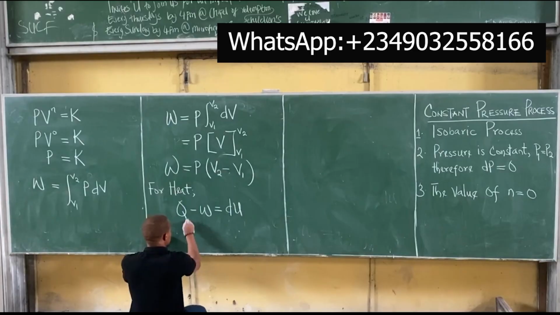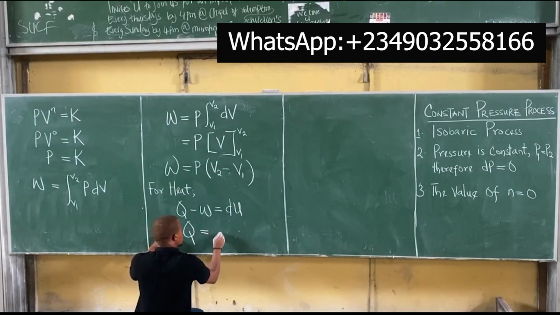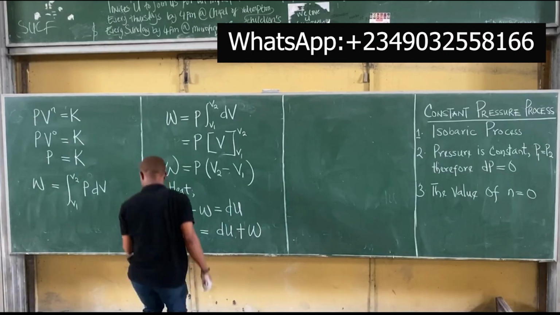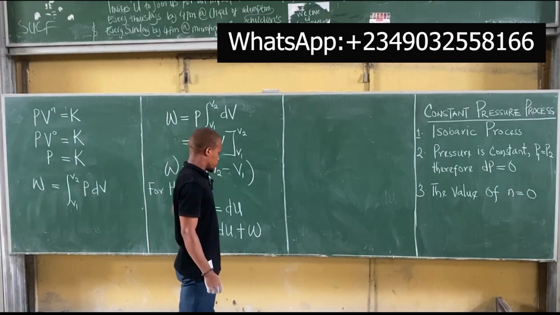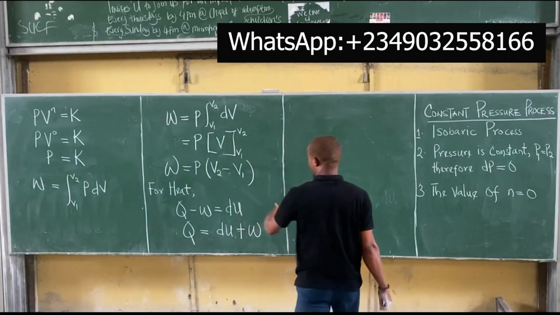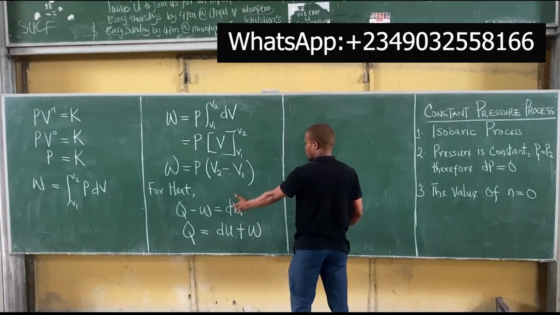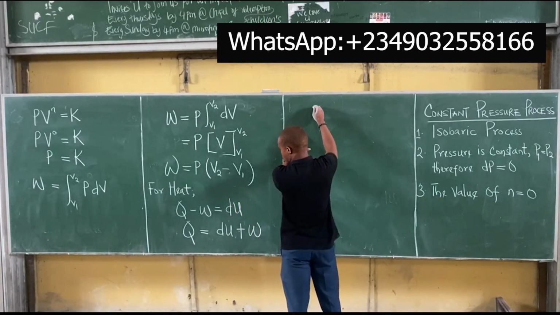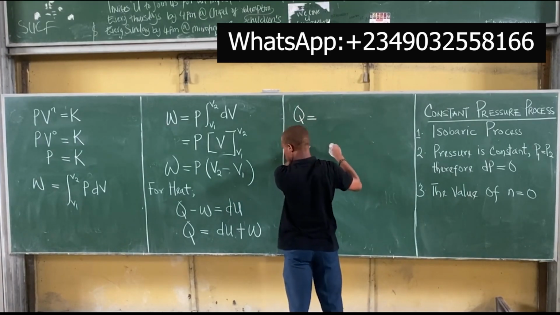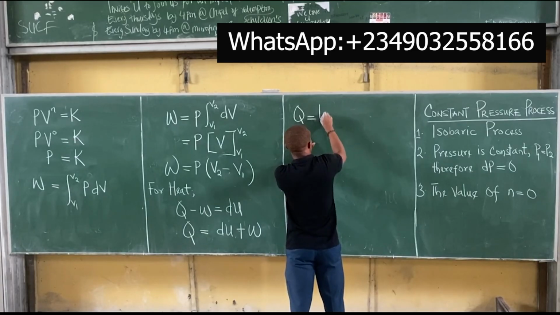Q equals dU plus W. Now let's impute our values for W. We have that Q equals, what is our dU?